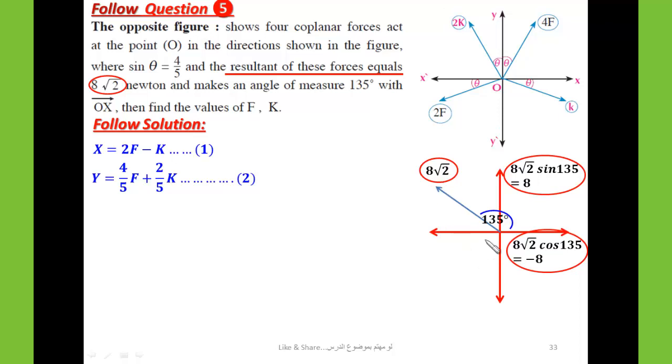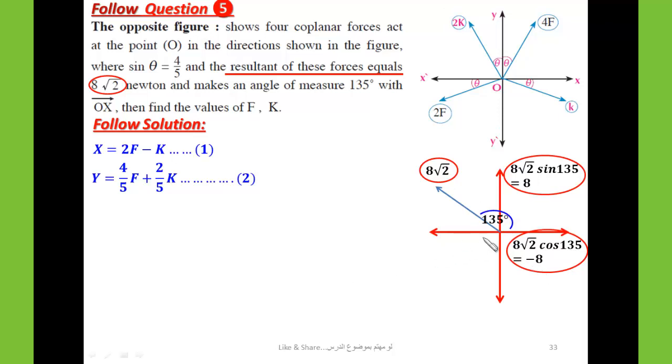We resolve this resultant into two perpendicular directions. The first, in the direction of OX, it will be 8 root 2 cosine 135, which equals negative 8. So the component in the direction of OX equals negative 8.